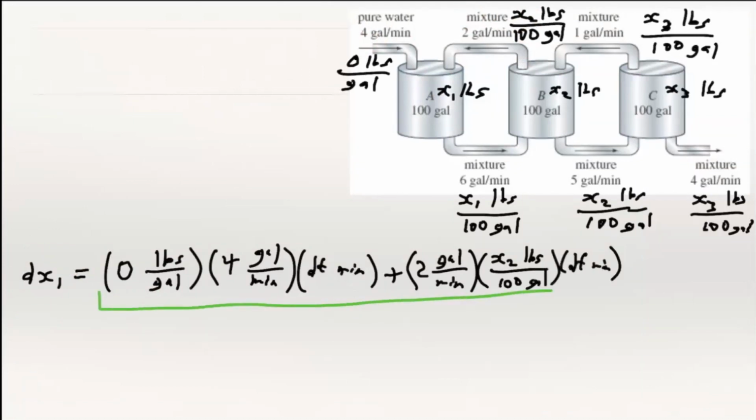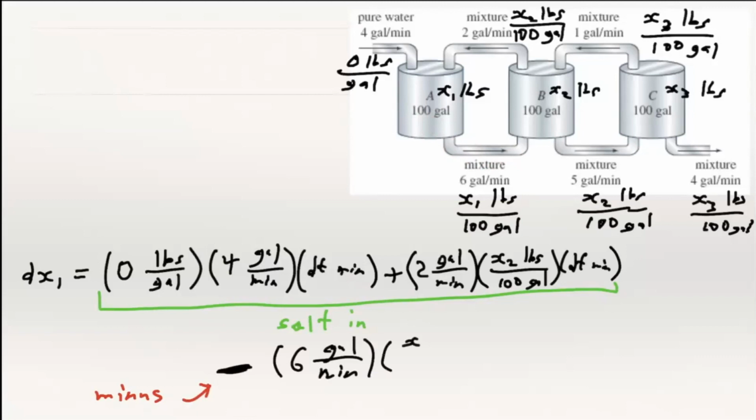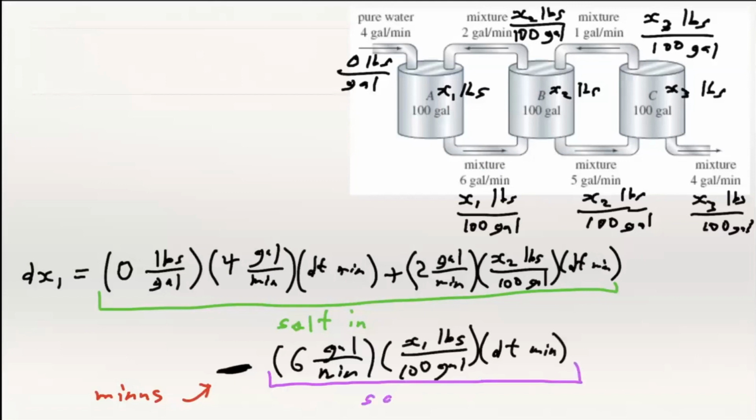That is our salt in. And now we need to subtract, that's a big minus sign, subtract our salt out. And where is the salt flowing out of tank A? Just in this pipe. That is 6 gallons a minute out times x1 pounds per 100 gallons times dt minutes is how long has passed. So that is our salt out.